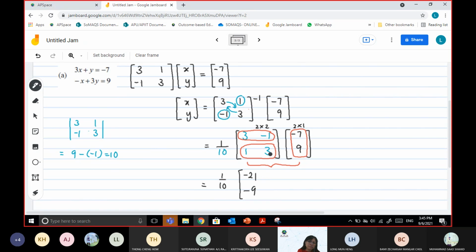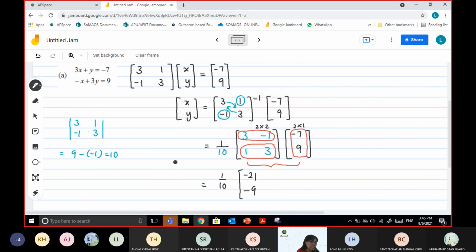Negative 27 minus 9. Not correct. Oh, sorry, you are saying negative 21 minus 9.